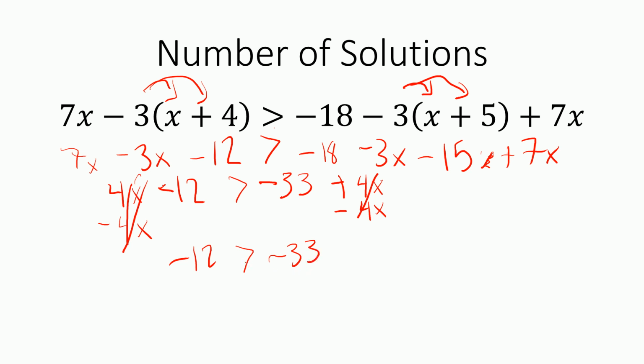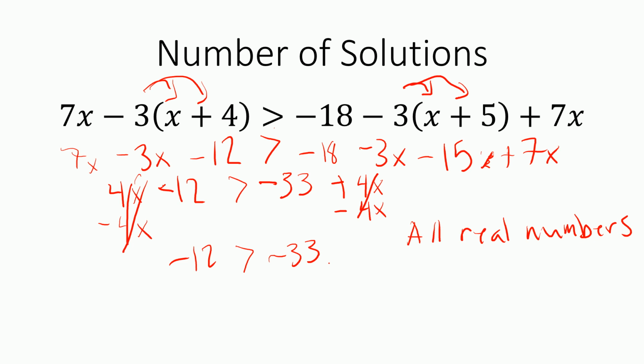And the reality is that -12 is always greater than -33. Since that is always true, it doesn't matter what numbers we would put in for x. All real numbers would work. So the solution would be all real numbers.